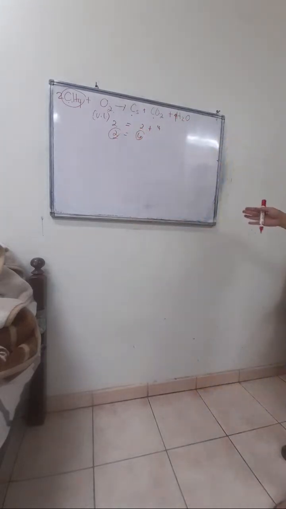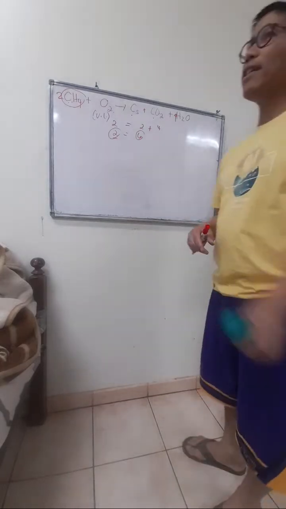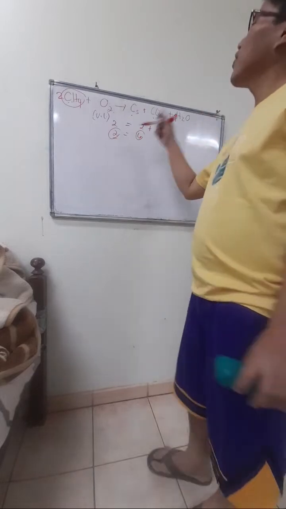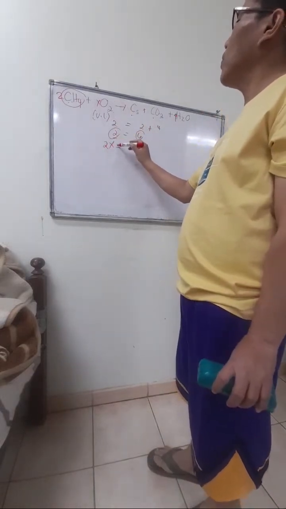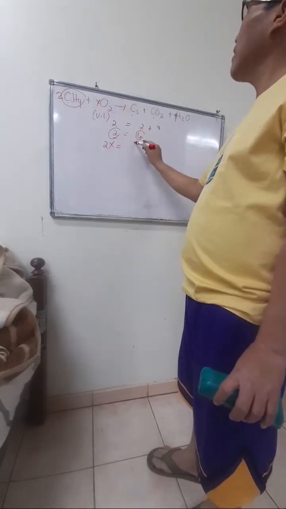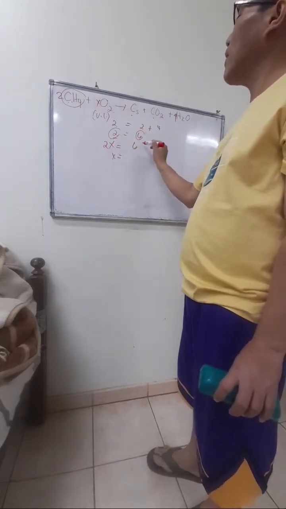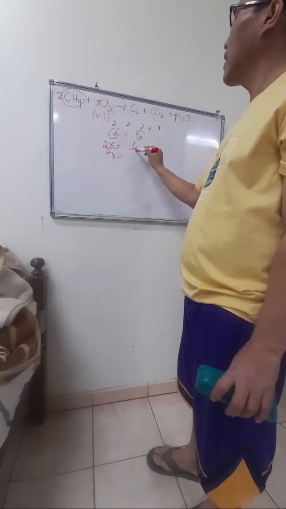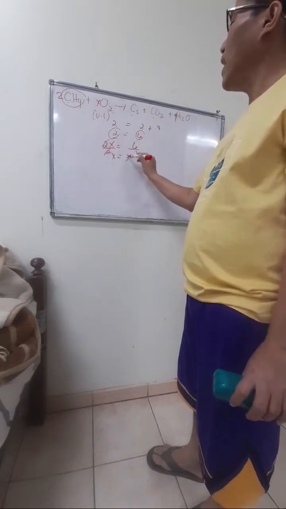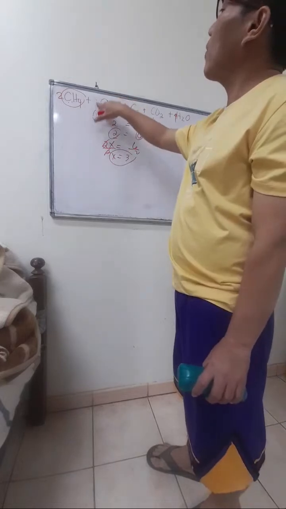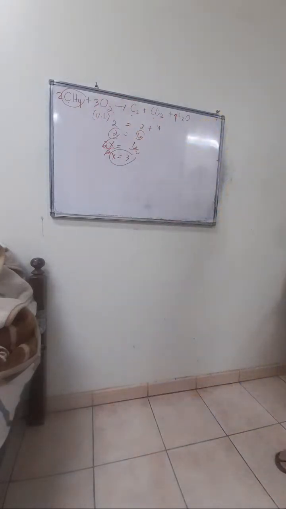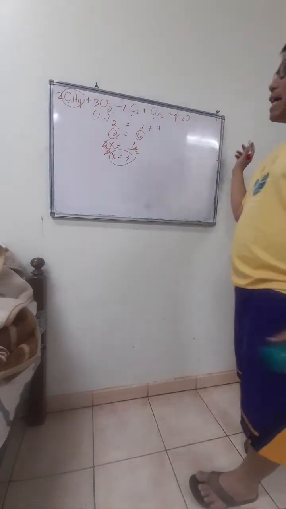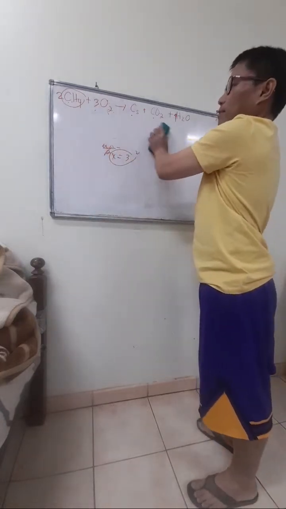So we let X be the number of atoms. 2X is equal to 6, X is equal to 6 divided by 2, so X is equal to 3. 6 oxygen gas, 4 plus 2 is 6, right? Is this balanced already?